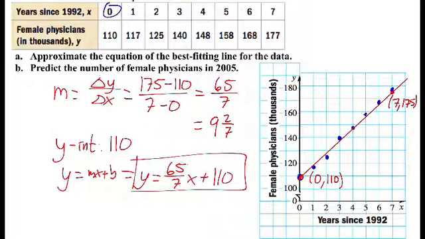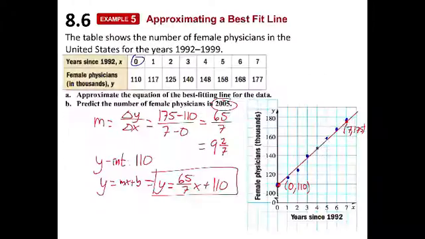So that's the equation we're going to use. Now the second part it says predict the number of female physicians in 2005. So that was part A we just did there.